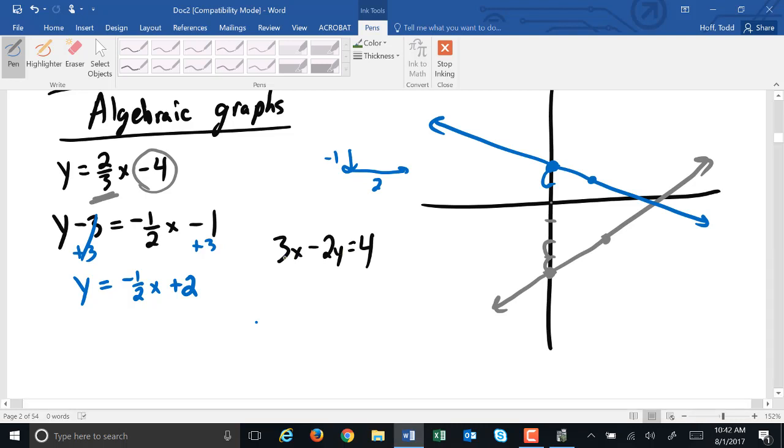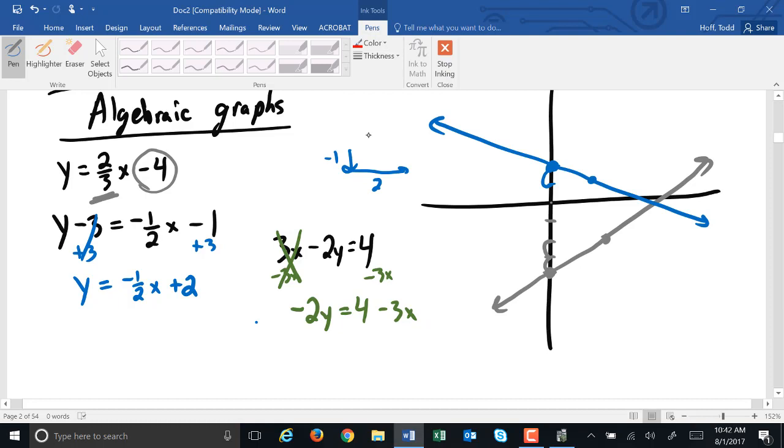So I've got to get rid of the 3x and the minus 2. The first thing I get rid of is the 3x. It's a positive 3x, so I'm going to subtract 3x. So I now have negative 2y equals 4 minus 3x.